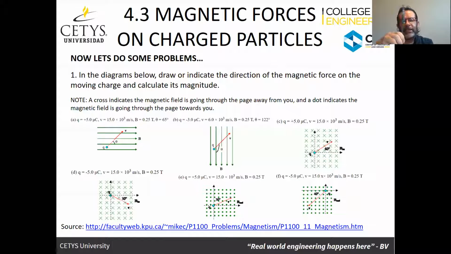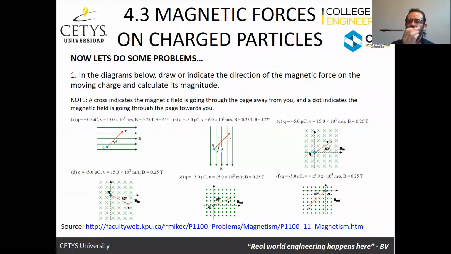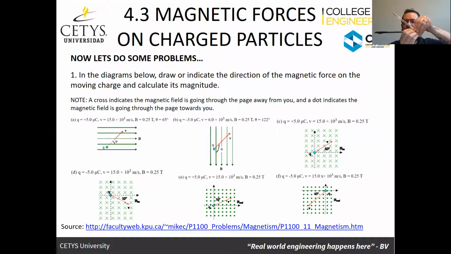In the other cases, the field was going this way and the velocity was going this way, and we do have an angle there. It always has to be the angle that we have with regards to the magnetic field and the velocity vector.